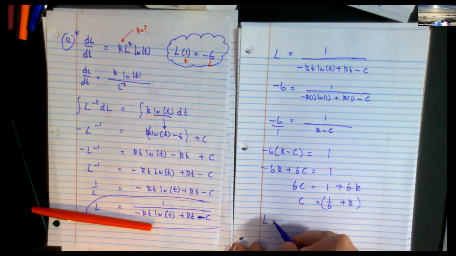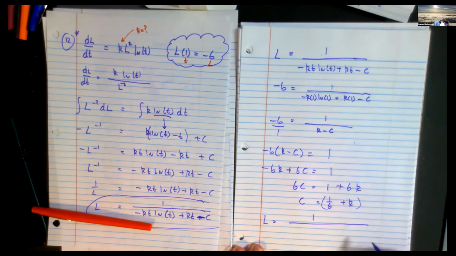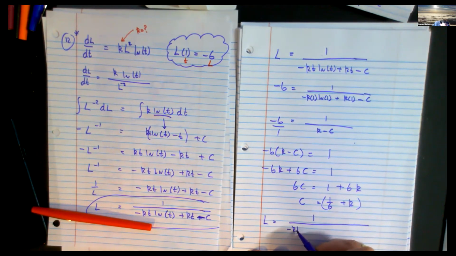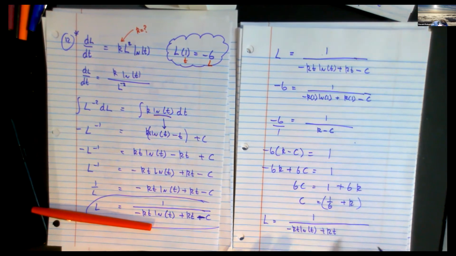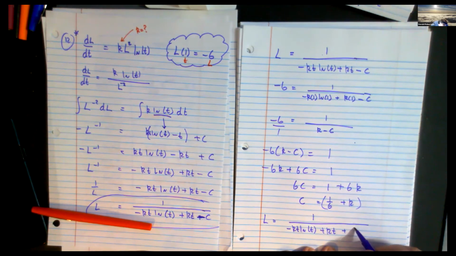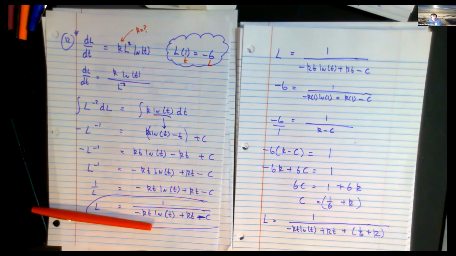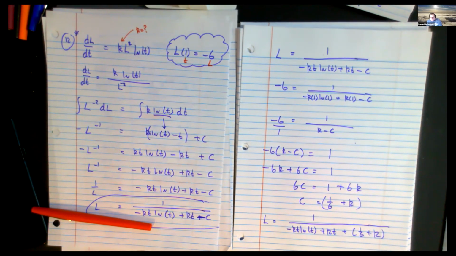So L is 1 over, and I'm going to do a deliberate mistake here. Kt log t plus kt plus c. And what is the deliberate mistake that I have made?